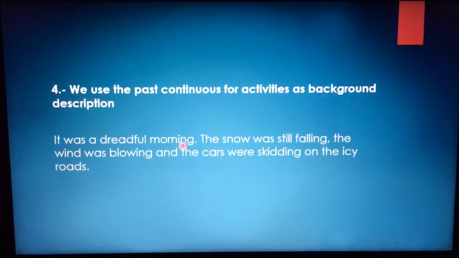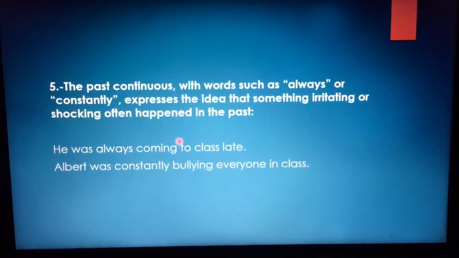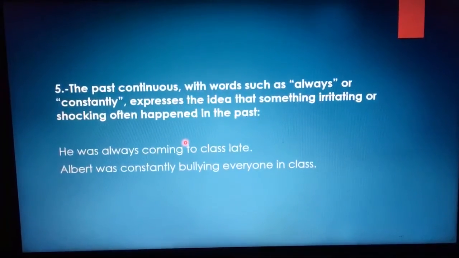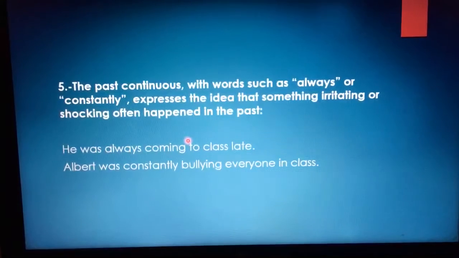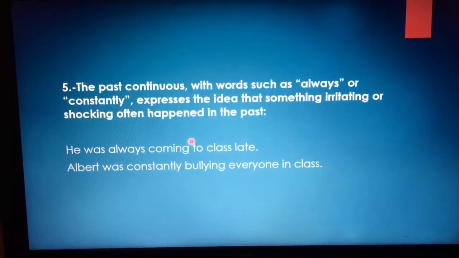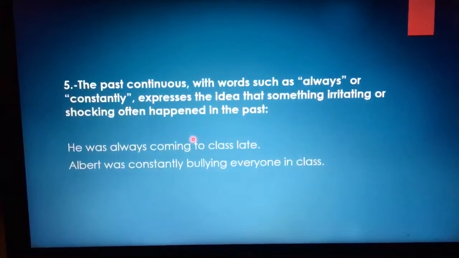Okay, let's move on to the next one. The past continuous with words such as always or constantly expresses the idea that something irritating or shocking often happened in the past.